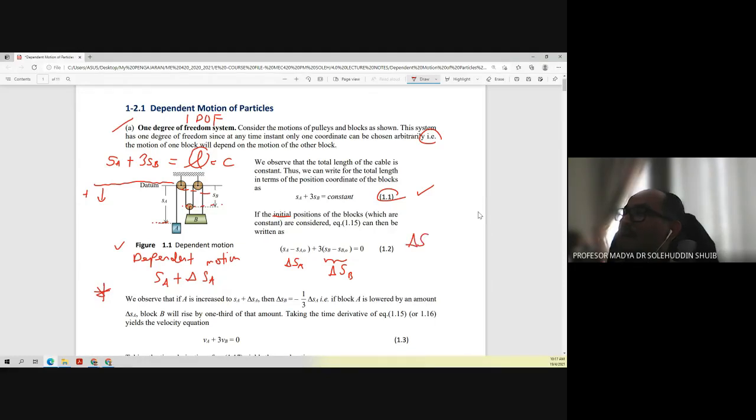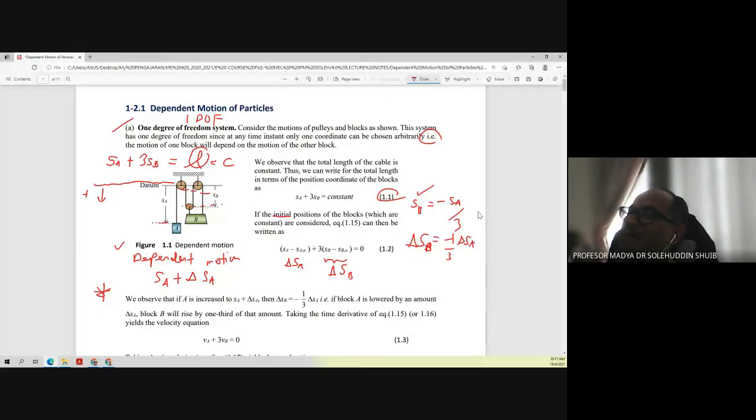Delta SA plus 3 delta SB equals zero, so you bring over the SA and divide by 3, and the delta part follows through. So delta SB is equal to minus 1/3 delta SA.